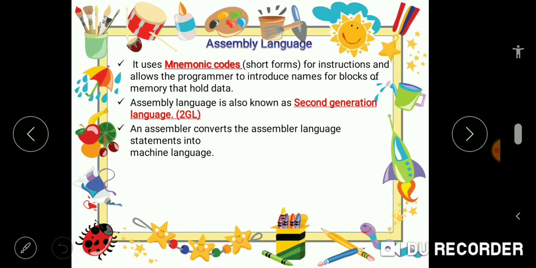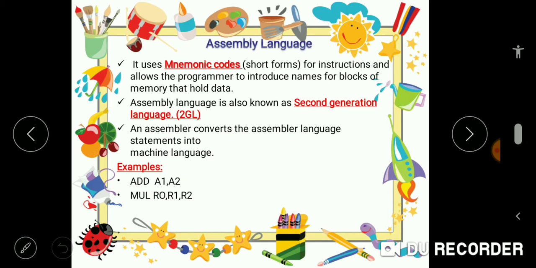Children, as computer understands only machine language, so we need a translator to convert assembly language program into the machine language. Here I will show you an example. If you want to add two numbers, then the binary code for those numbers is a combination of 0 and 1.